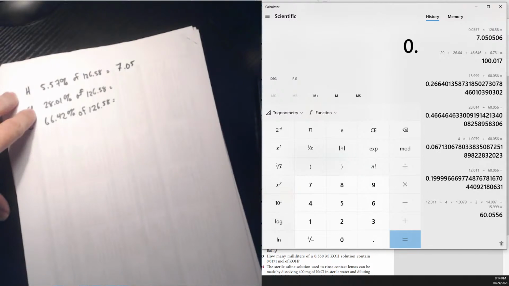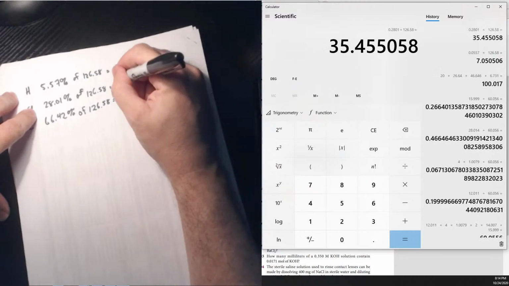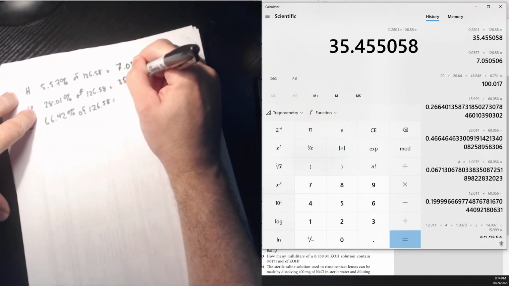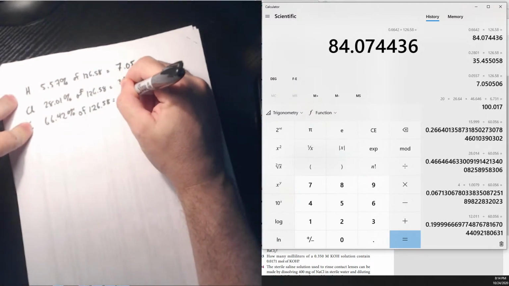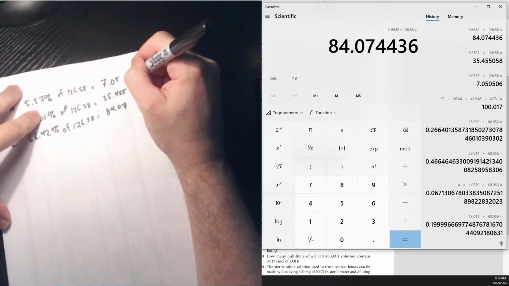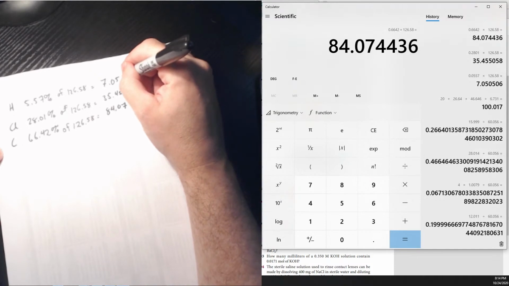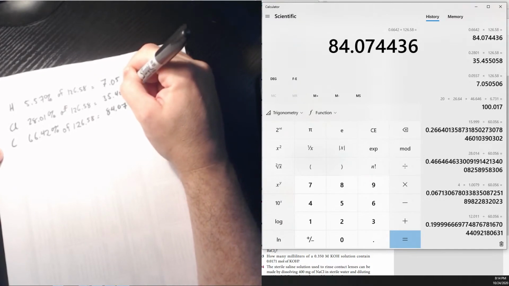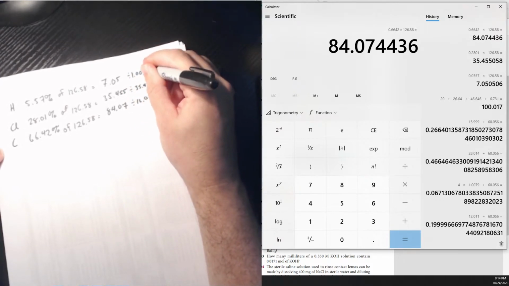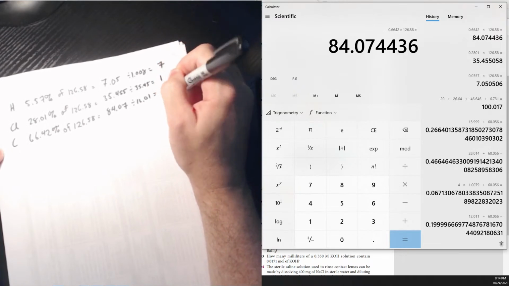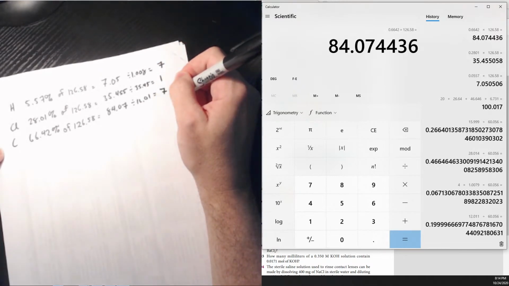28.01% of 126.58, and 66.42% of 126.58. All right. So now we divide by the atomic mass of each of these. So 1.008, 35.45, and 12.01 gives us 7, 1, and 7.